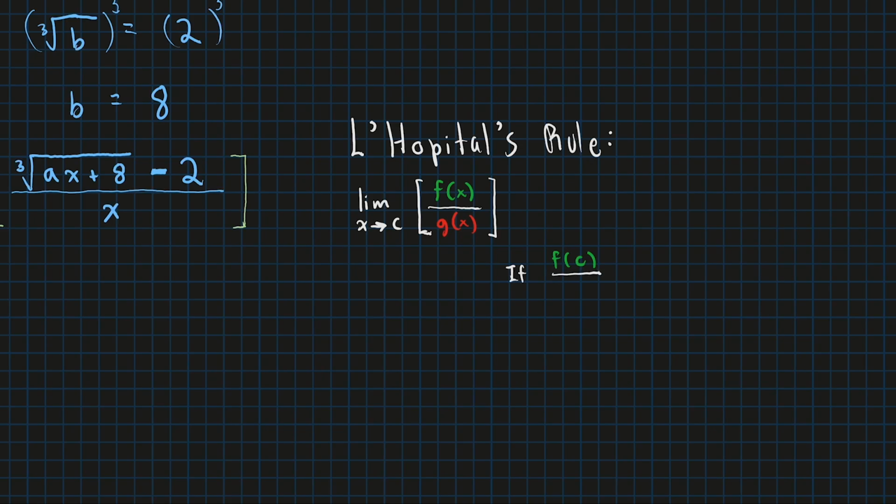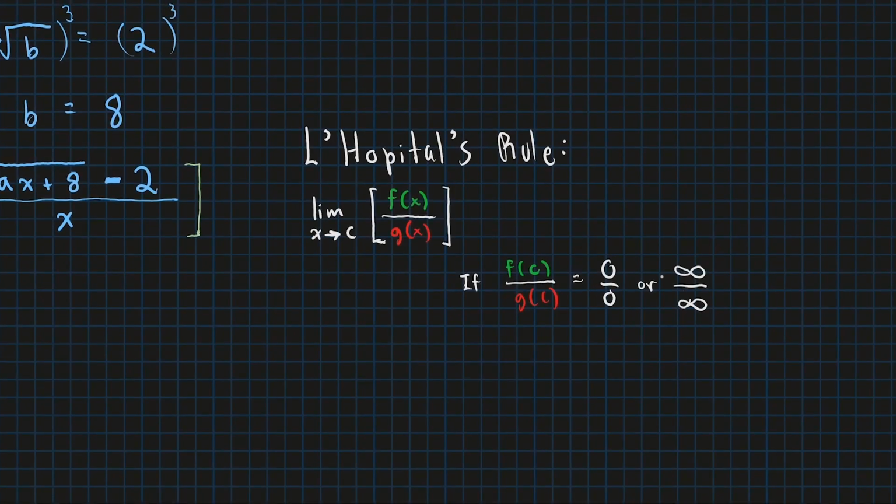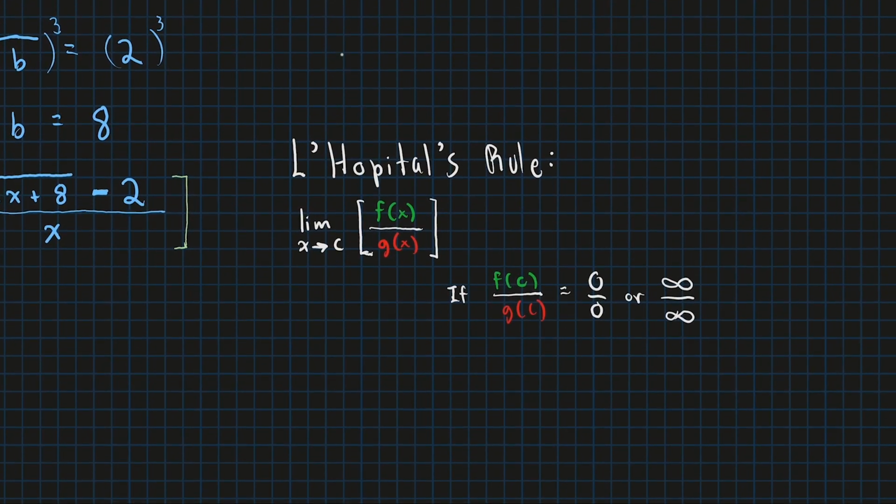If f of c over g of c is equal to 0 over 0, or infinity over infinity, which is also indeterminate form, by the way, we know that this limit is also equal to the limit as x approaches c of the derivative of f of x over the derivative of g of x, f prime of x and g prime of x.